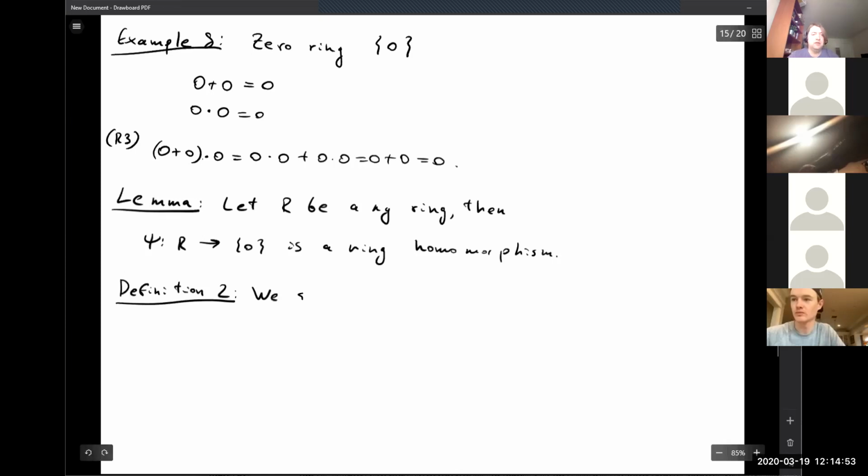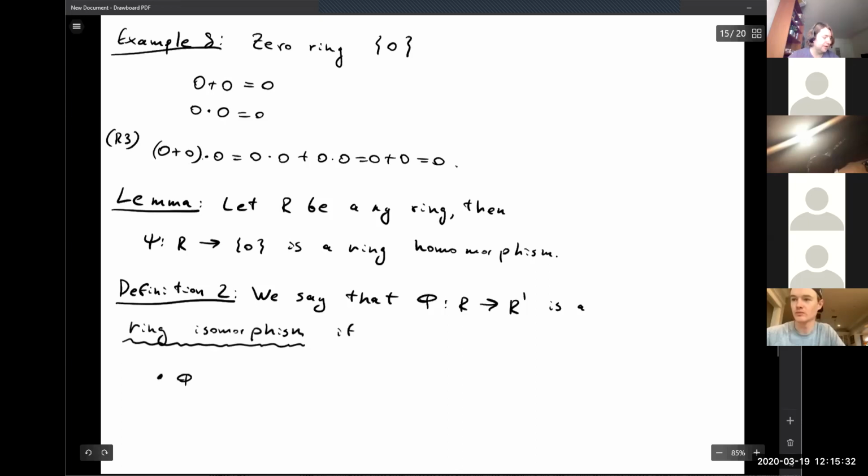So we say that phi from R to R prime is a ring isomorphism if, first of all, phi is bijective, and second of all, phi is a ring homomorphism.